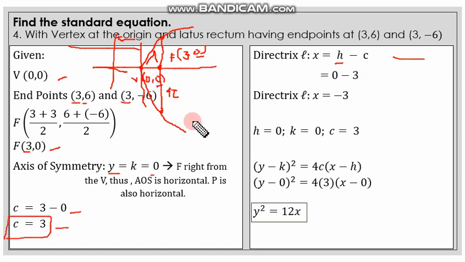So h is 0 minus 3, which is equal to -3. So our directrix is x equal to -3.